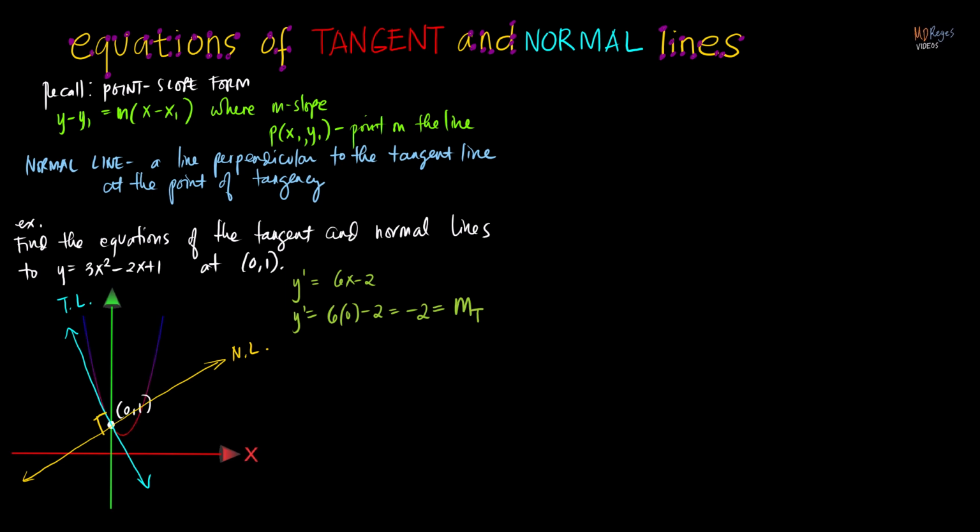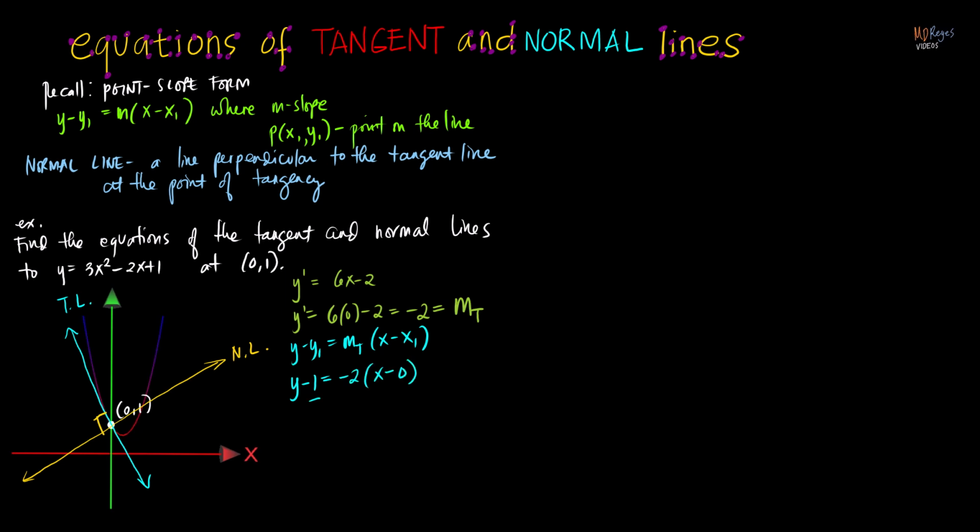Now to find the equation of the tangent line, we'll use the point-slope form of the equation of a line. That's y minus y sub 1 equals the slope of the tangent line times x minus x sub 1. Substituting the point of tangency and the slope of the tangent line, we'll have y minus 1 equals negative 2 times the quantity x minus 0.